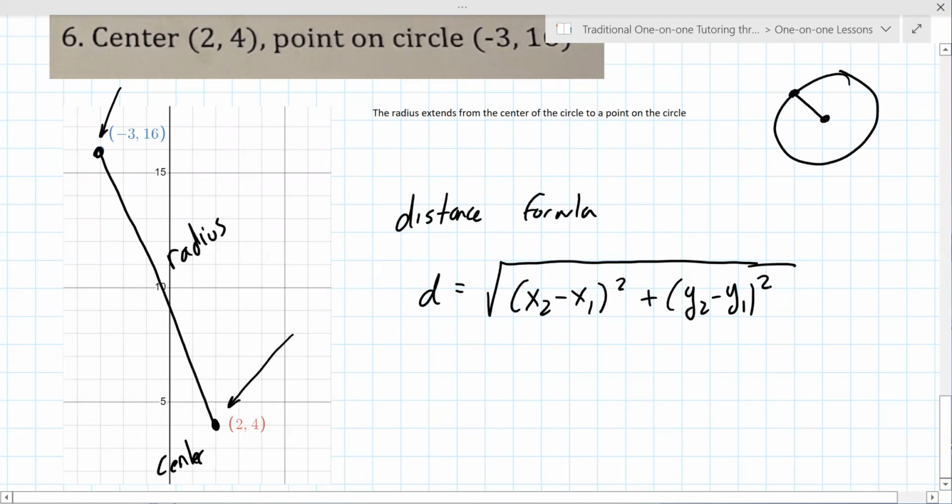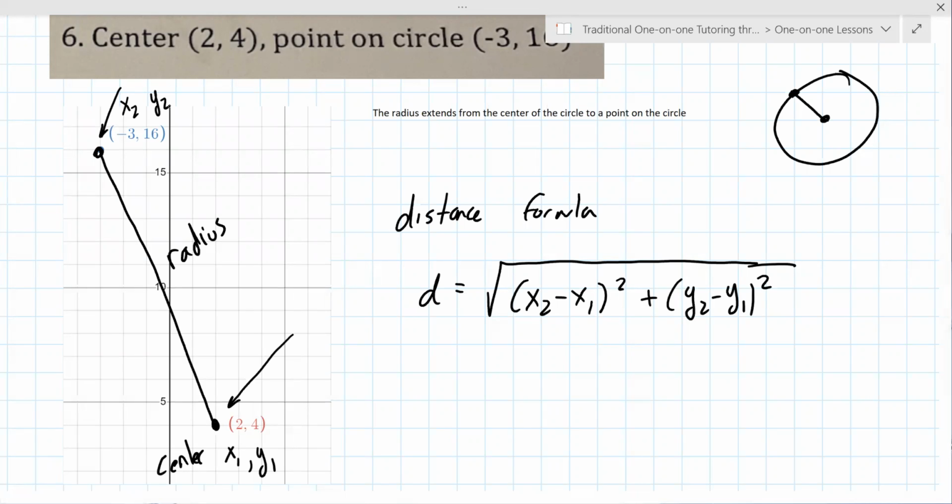Now we're going to use this first point. We'll call this first point x1 and y1, and the second point x2 and y2.